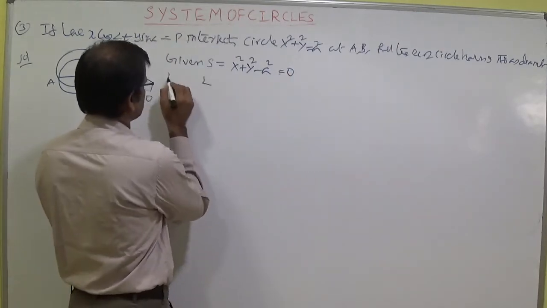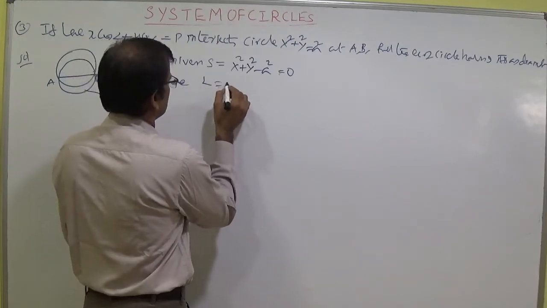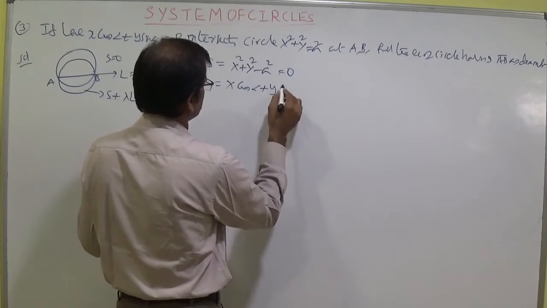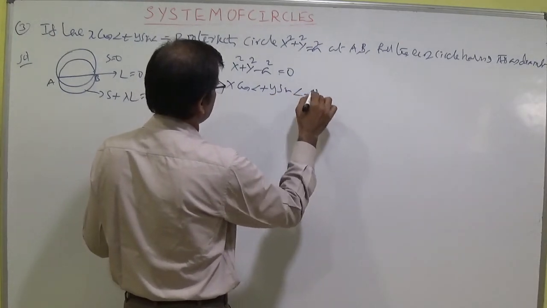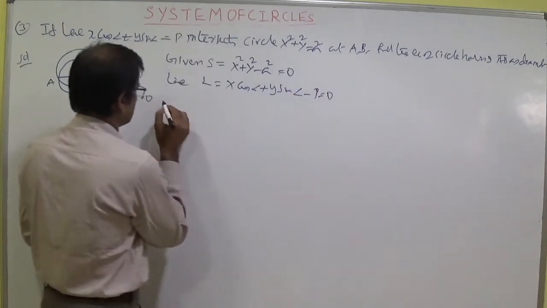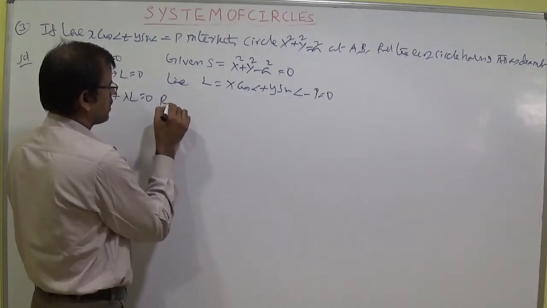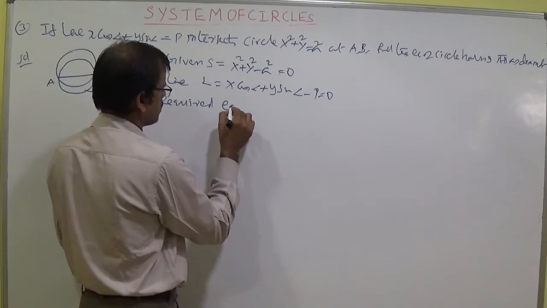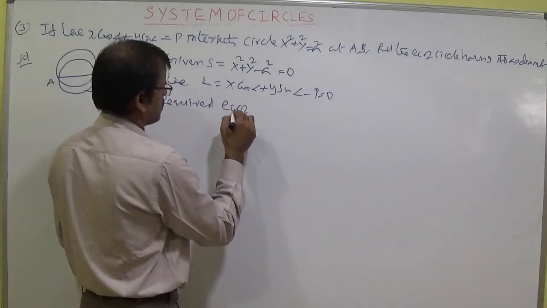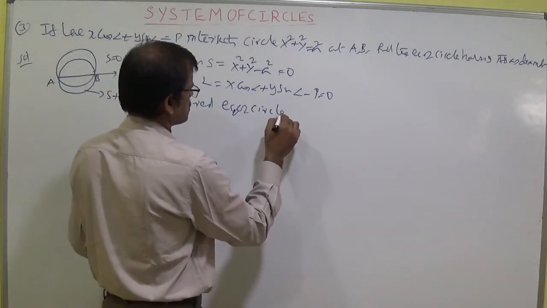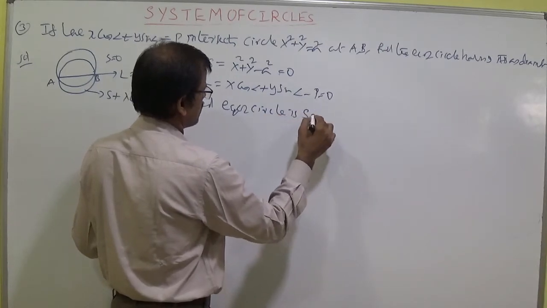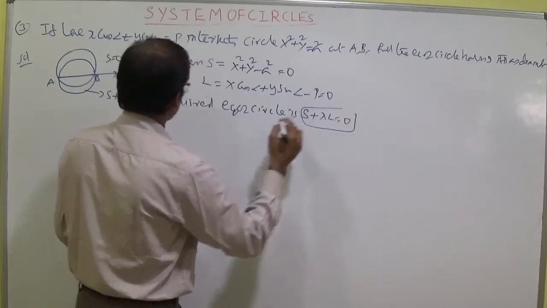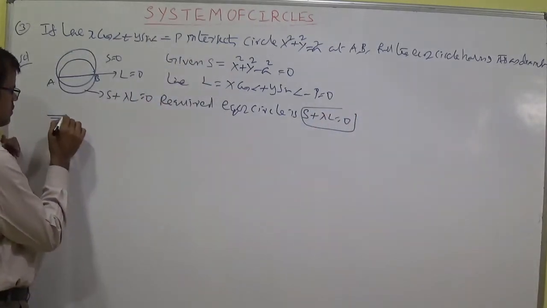Line L is equal to x cos alpha plus y sin alpha minus p equal to 0. In the previous class I said the formula: the required equation of circle is S plus lambda L is equal to 0.